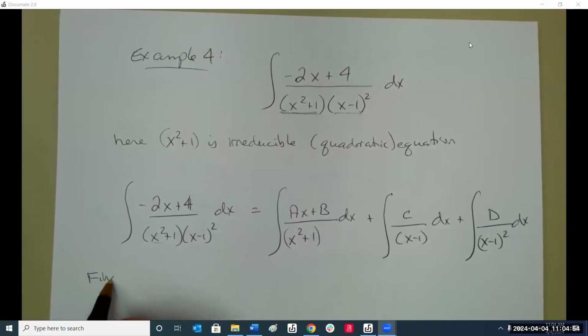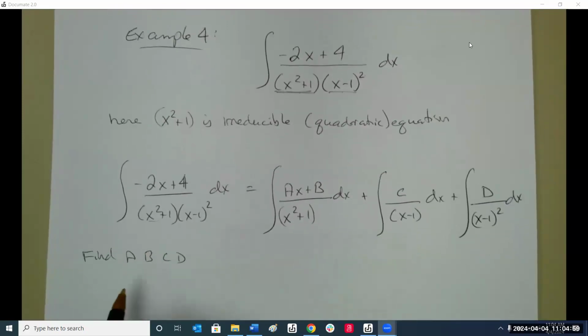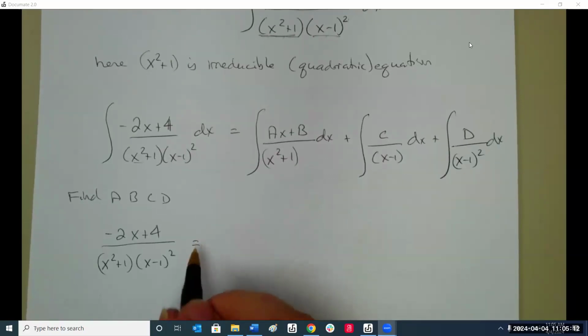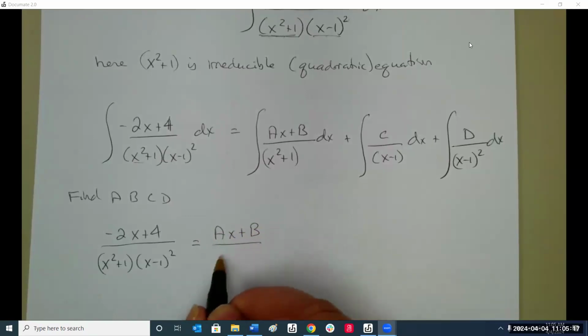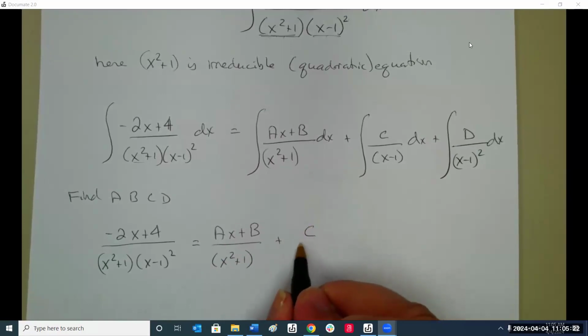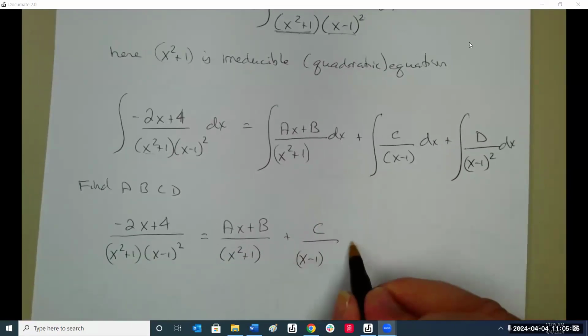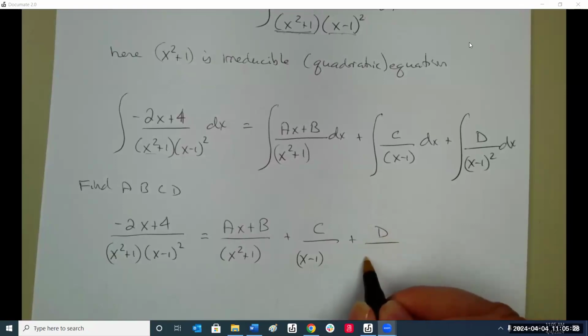So now we have to find A, B, C, D. 2x plus 4 over x squared plus 1, x minus 1 squared is equal to ax plus b over x squared plus 1, plus c over x minus 1, plus d over x minus 1 squared.